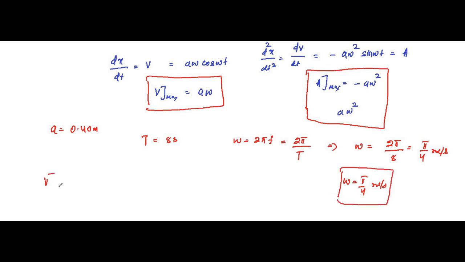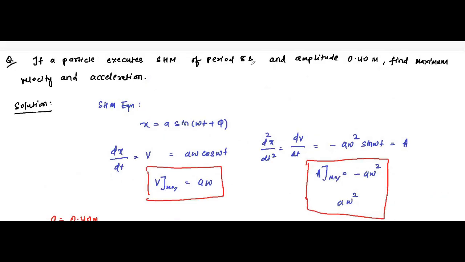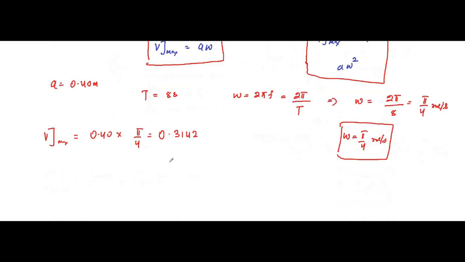So V max will be equal to a omega, that is 0.40 into pi by 4, which is coming around 0.3142. Yes, the unit is in meters, I think. Yes, amplitude is in meters, so meters per second.